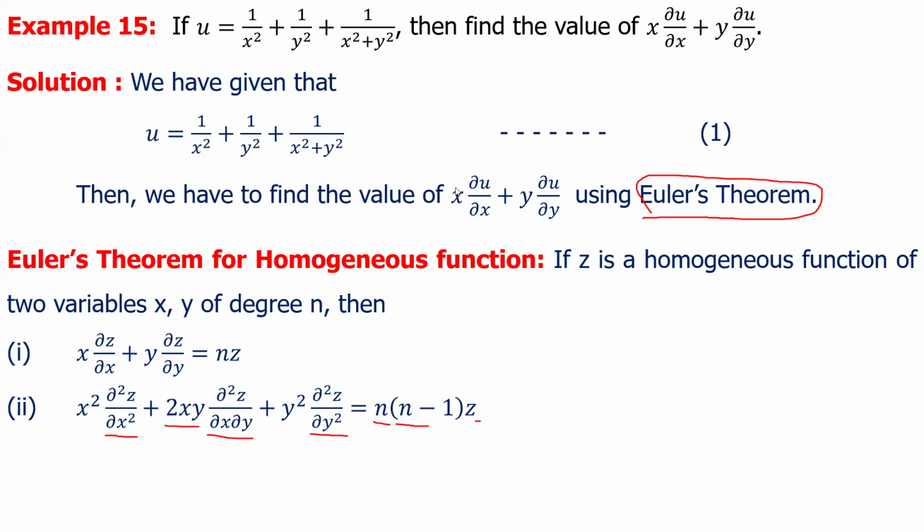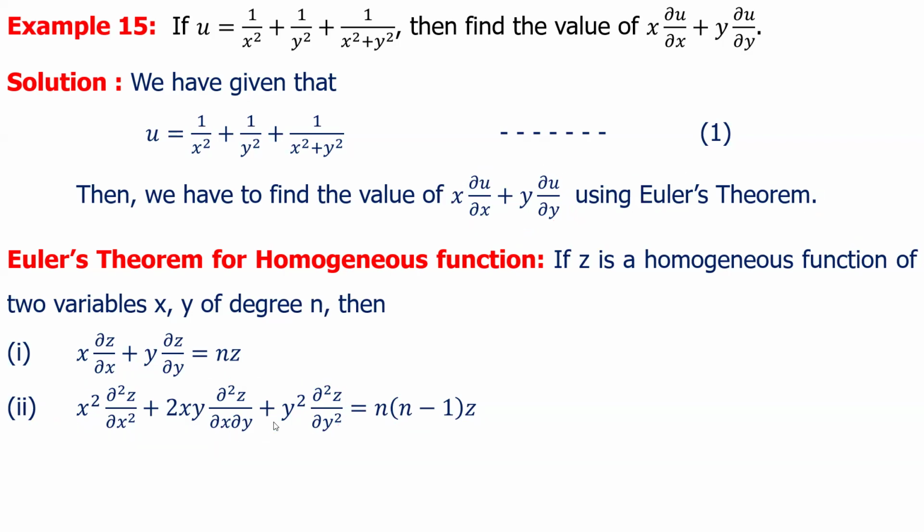In the question, we have to obtain the value of x del u del x plus y del u del y. No need of this expression in this example, but when we solve another question, if the higher order derivative is asked, then we can also use this formula.